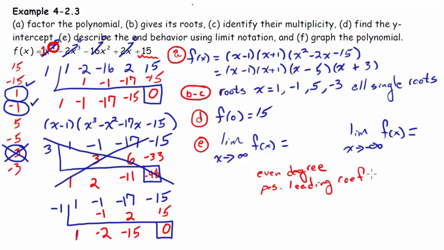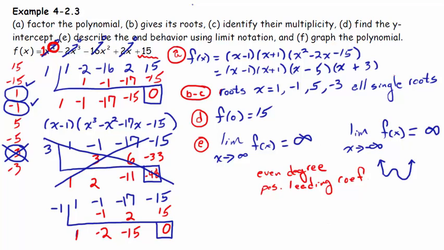Alright, so if my degree is even, both ends are going to go in the same direction, and if that leading coefficient is positive, they are both going up. So one end is going up, then we're going to have some stuff going on right here, and then the other end is going to go up. So from that, we know that the limit to the right, we're going up, and the limit to the left, we're also going up.